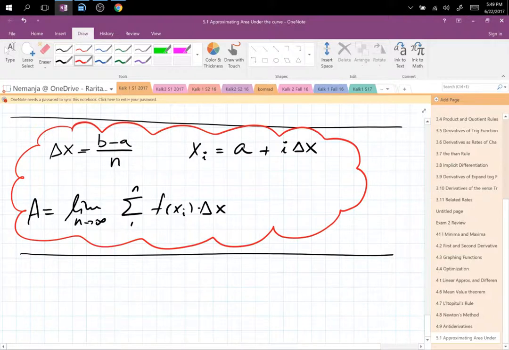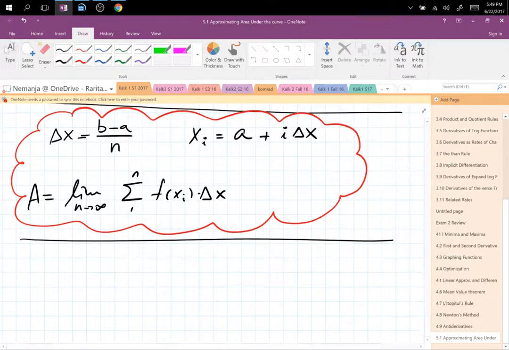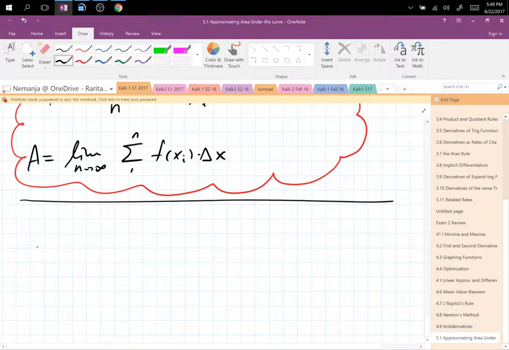So where do we begin? Let's find the area under f of x equals 2x squared minus 3. Find the area under the curve on the interval, I don't know, 10 to 12.